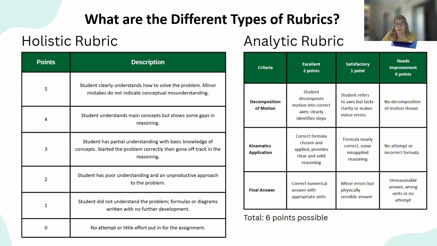Each criterion is scored separately, and the overall grade is calculated by summing the individual scores of the criteria. And again, this provides very specific feedback on the student's strengths and weaknesses, and the areas they need improvement on. So these are two good examples.